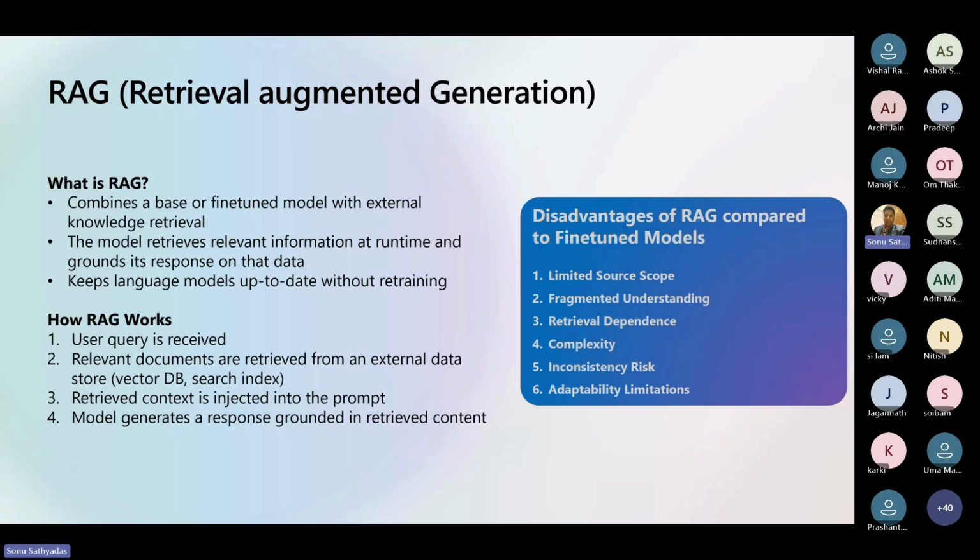Some of the databases, some of the embeddings models may not be compatible with your solution, because if you select the embeddings model, there is a concept called the number of vector dimensions. If the dimensions are not matching, then it will not support the models. So there are a lot of compatibility issues behind the scenes. So that is a problem of the RAG.